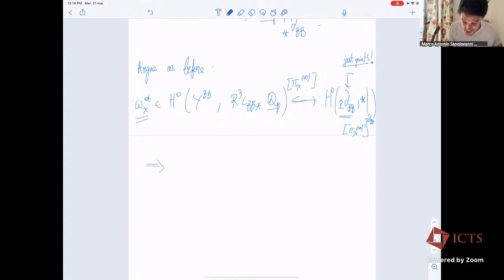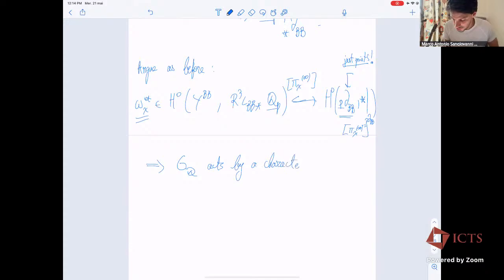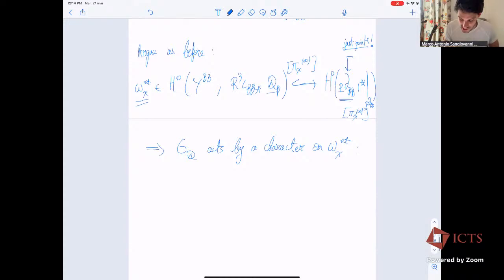And so you will see that GQ acts by a character on omega chi et al. And you can see that this character is actually chi inverse epsilon minus 3. Epsilon is the cyclotomic character.